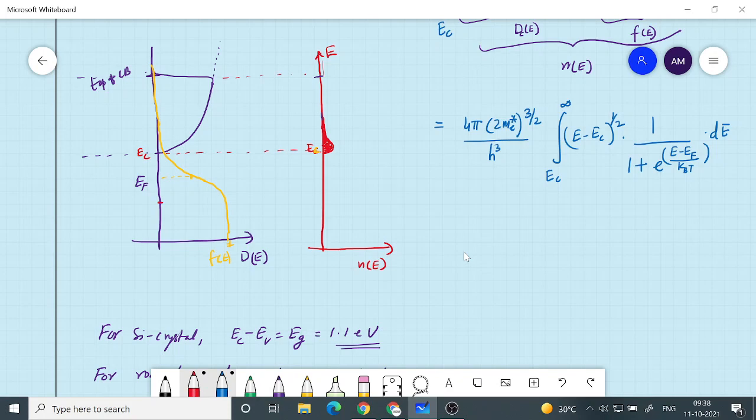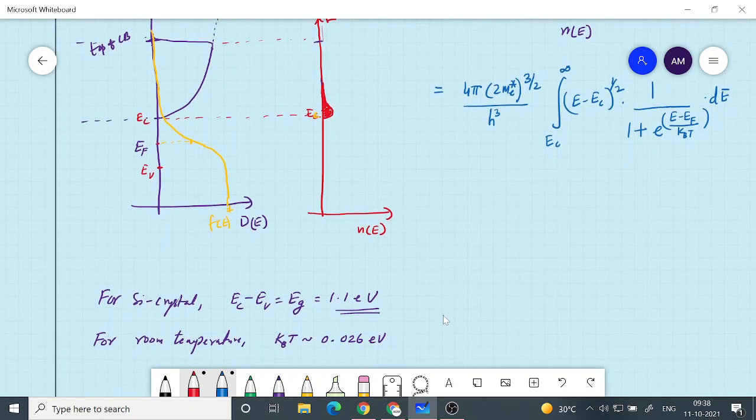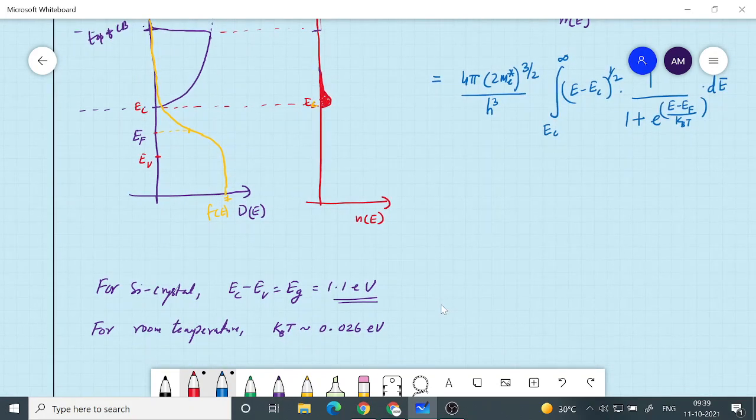similarly EV, and then I am saying that EF is somewhere in between EC and EV, so then I can say that EF is roughly EC plus EV by 2. Okay, so if I take EV as 0, then it is EC by 2.